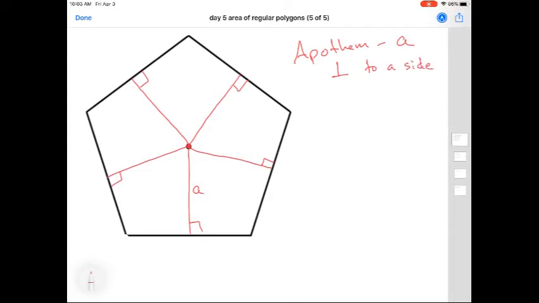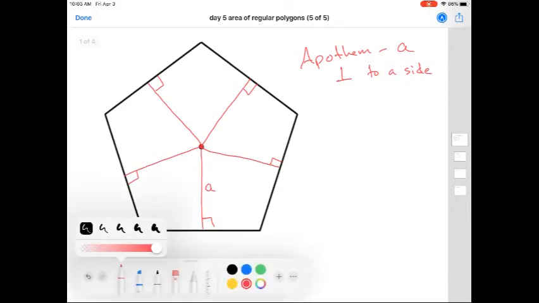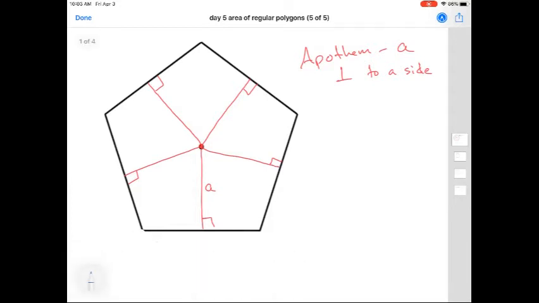So if I ask you to find the area of this polygon, we can break it up into smaller pieces, or we can notice that we have multiple triangles here.